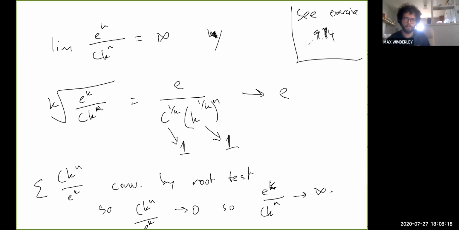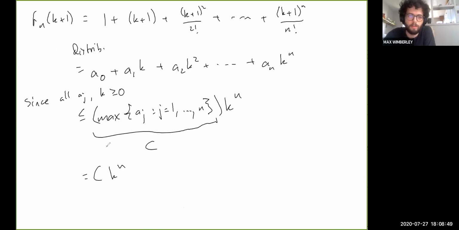I'm pretty sure I assigned 9.12 on a homework, and 9.14, which is basically exactly what I'm talking about right now, follows from 9.12. It's actually not that hard. In that one they use the ratio test. Anyway, sorry, this is getting a little convoluted.